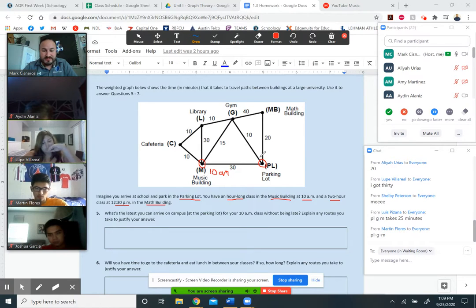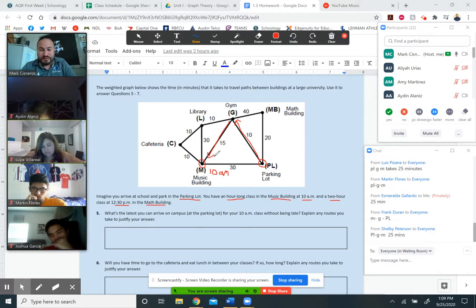What's the latest I can arrive at the parking lot in order to get to my class on time? 9:35, not 9:55. 9:35 is correct. So 9:35 would be the latest I can get because 25 minutes later will be 10 a.m., and it's going to take me at least 25 minutes to walk there.